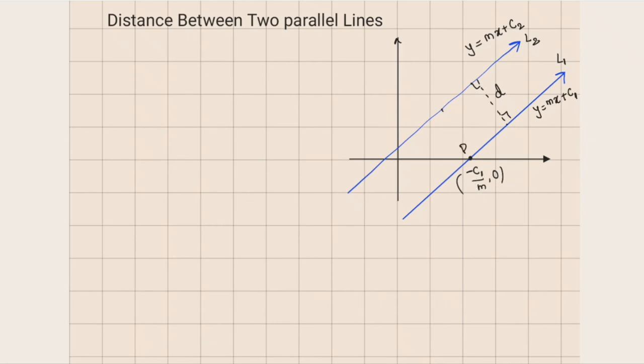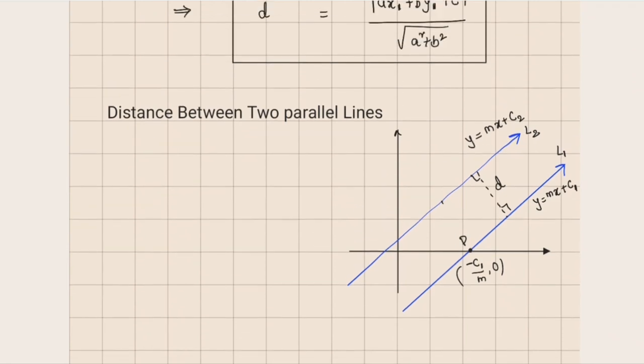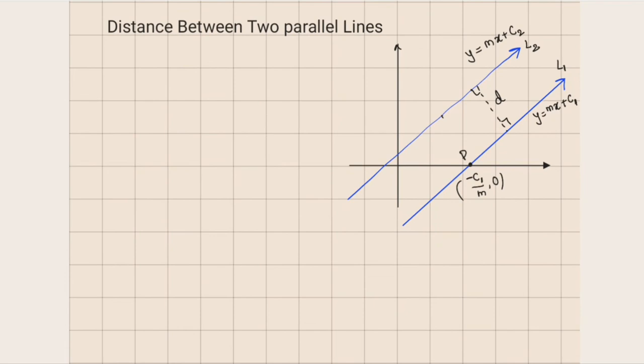Let's say this is some point P, and we know a line L2 which is y equal to mx plus c2. So if we apply the previous formula, the distance between point P and the line L2, which means the distance d equals what you have seen here.